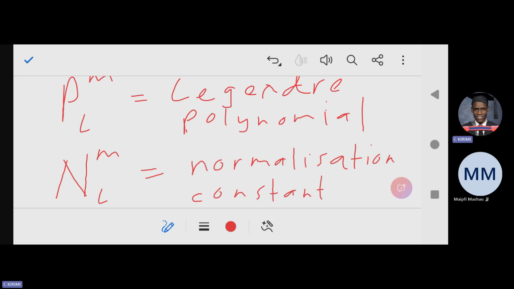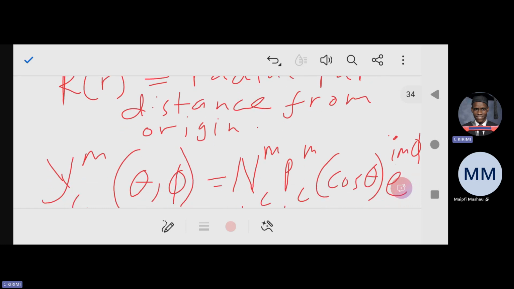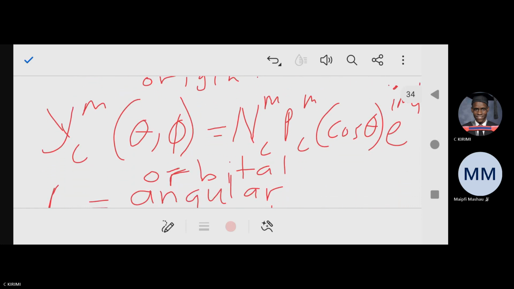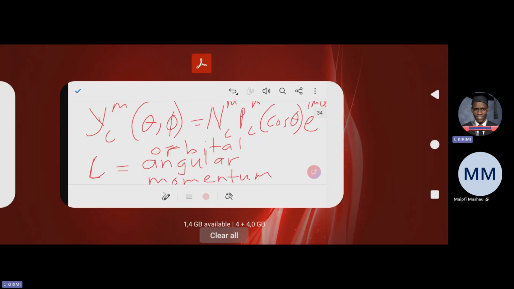So the spherical harmonics. Whenever we talk of spherical harmonics, we are referring to YL, that function. This is the spherical harmonics, YLM of theta phi. So we are going to use that example so that we calculate the answer.